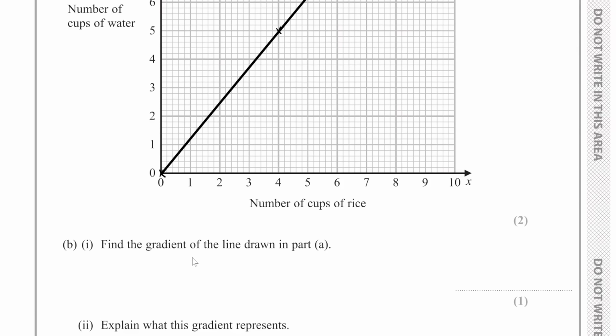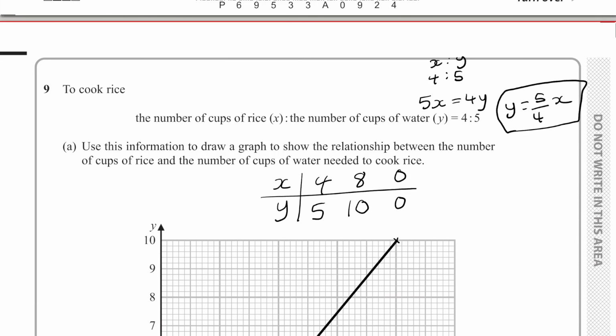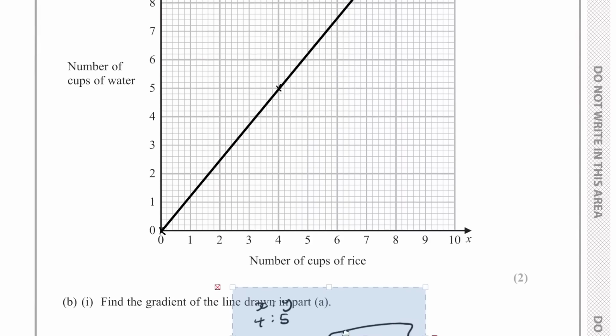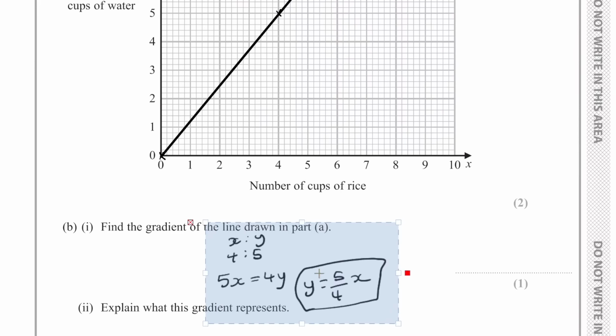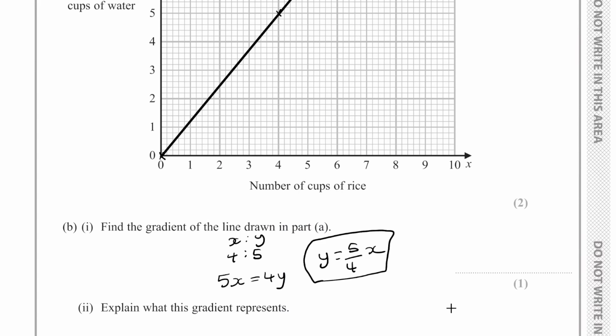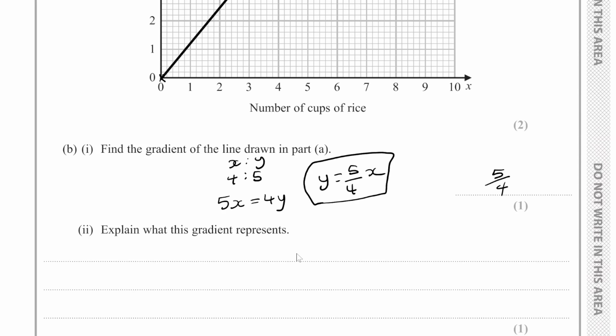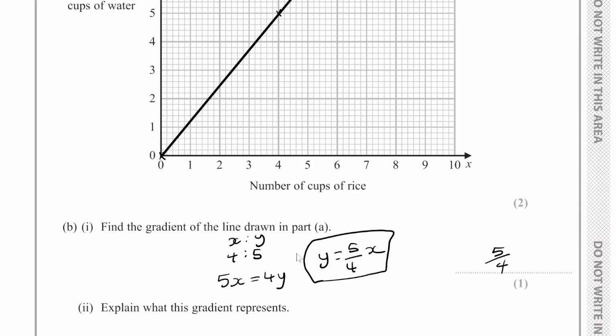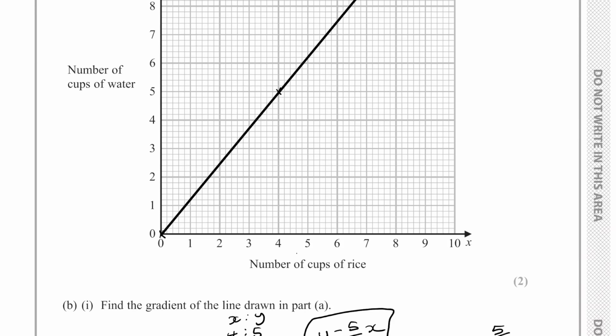And that will help for part B. So Y equals 5 over 4X. Y equals mx plus c is the equation of a line. The gradient is m, which is 5 over 4. Explain what this gradient represents. So the gradient is for every 1 you go across, how much do you go up or down.